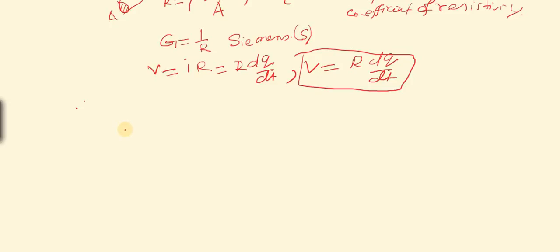Now, in terms of resistance, the power equation can be written. In power equation, we know P is equal to V into I, and this V is equal to, from Ohm's law we have just seen, I into R, and this into I is equal to I square R watts.